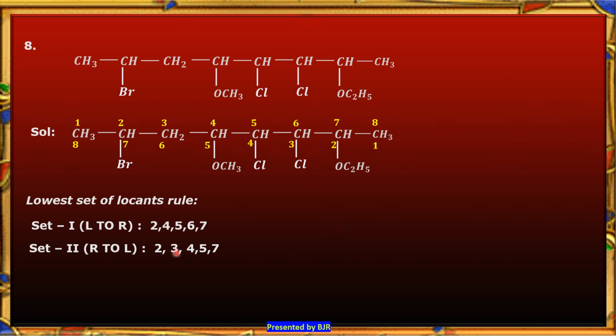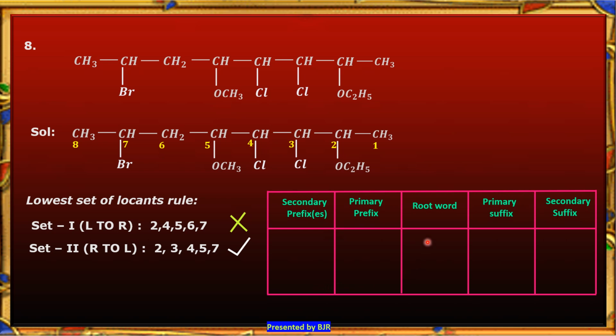So at the first point of difference 3 is less than 4. That means set 2 is lower than set 1. So the numbering from left to right is the wrong one, and from right to left is the correct numbering.